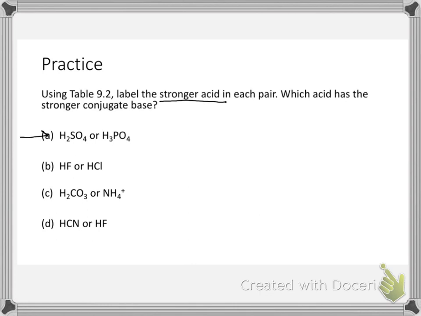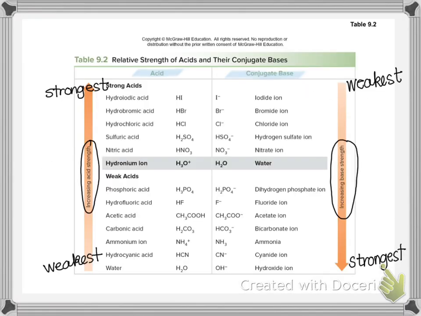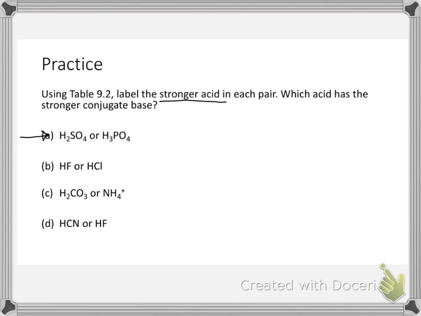So letter A, this is sulfuric acid, H2SO4, and phosphoric acid, H3PO4. Let's look. So H2SO4 is here, and H3PO4 is here. So as far as the acids go, the higher you are on the chart, the stronger you are. So H2SO4 is the stronger.